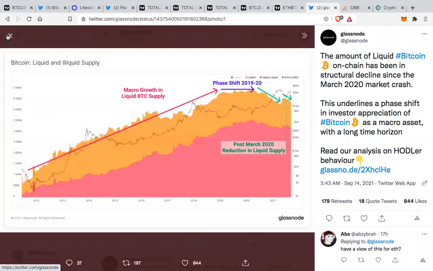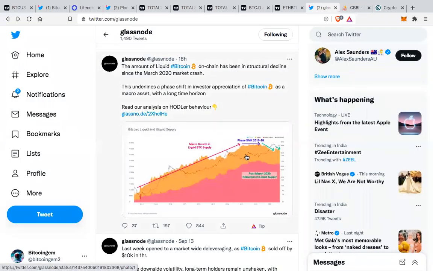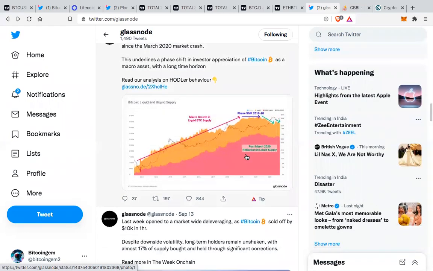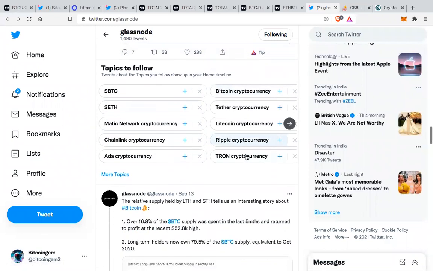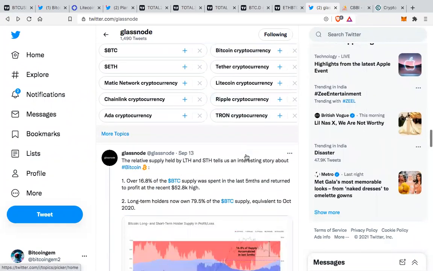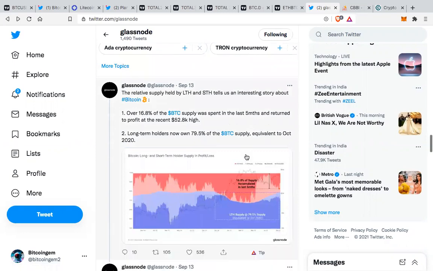We are literally seeing that Bitcoin, as a long-term investment, is increasing in the minds of the masses. So a lot of people, and not just institutions, even retail investors are slowly stacking Bitcoin with a long-term perspective in mind.